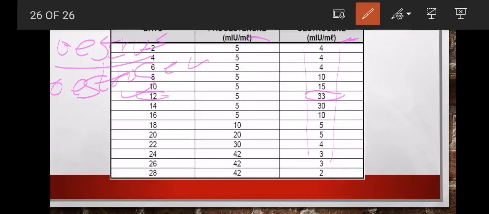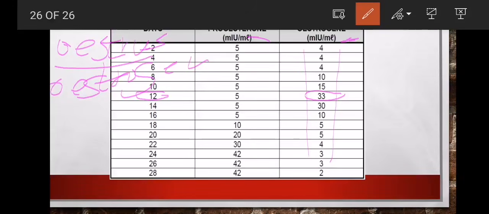It means it's day 12, because we're guided by the highest level of estrogen. Why is it day 12? Because estrogen is at its peak. Which stage is that? It's oestrus stage. How long does it take? 12 to 18 hours, or just say 12 hours on average.